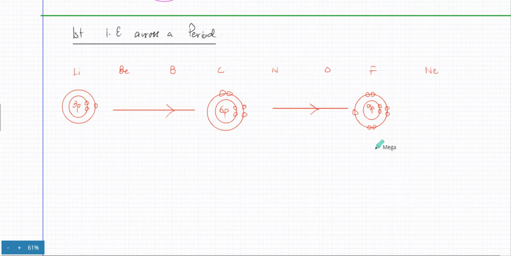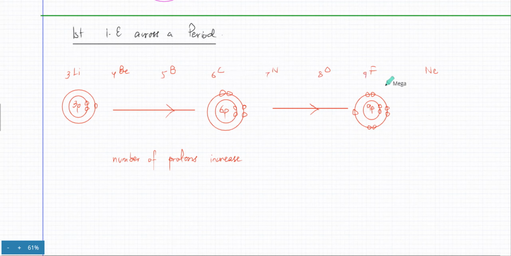One thing that you would notice is as you move across the period, the number of protons keep on increasing, and so as you move to the right, I can write the number of protons. Lithium has three protons, then beryllium has four, boron has five, carbon has six, and so on.